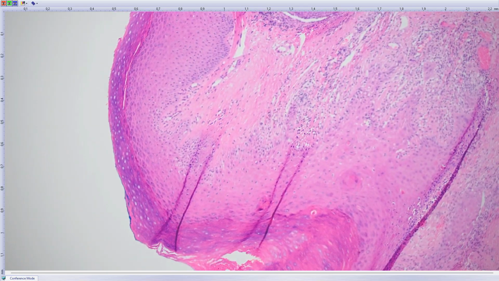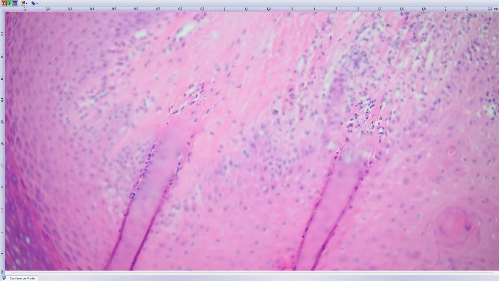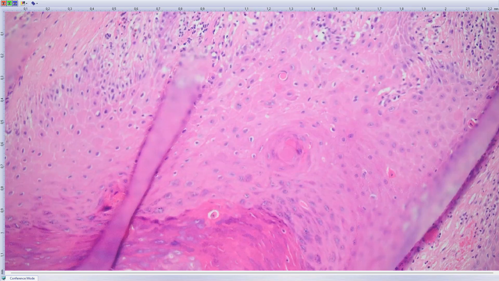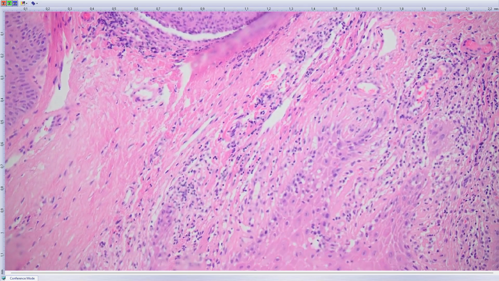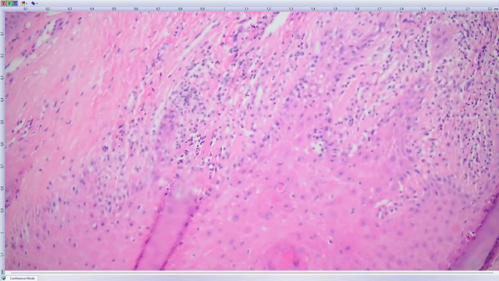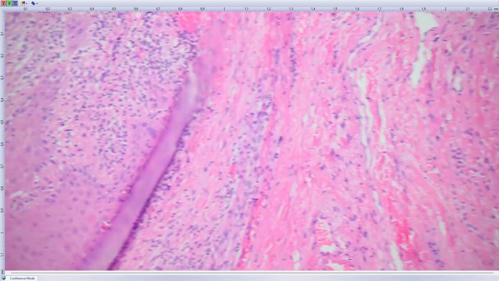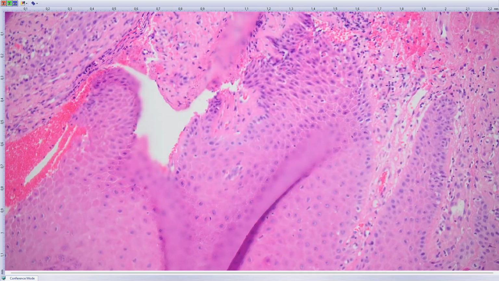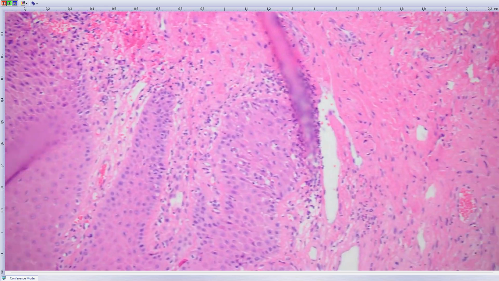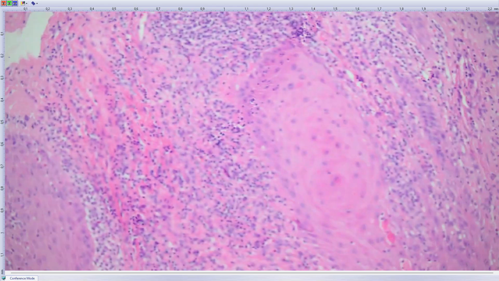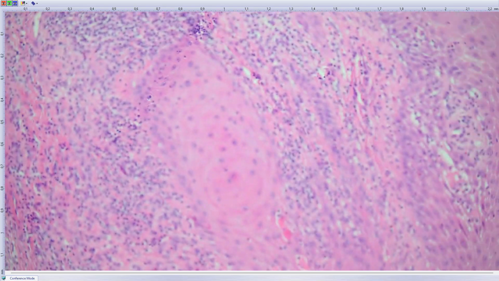Then, when you look at dermoepidermal or peripheral epidermal lobes, you can see that there is dysplasia on it, for example here.